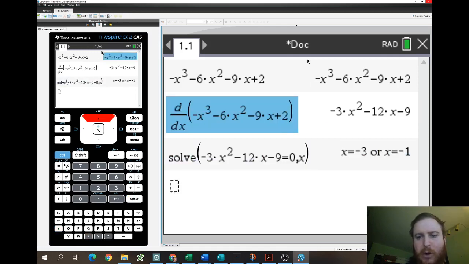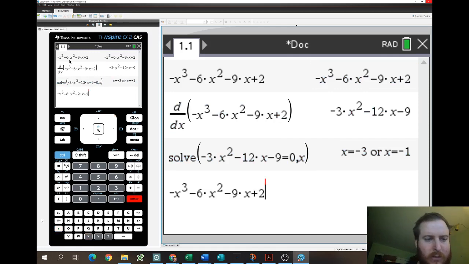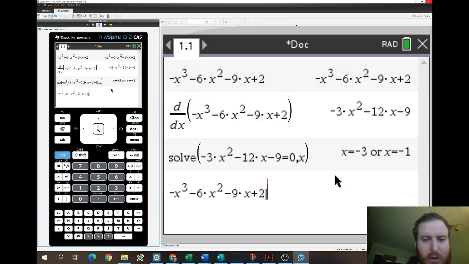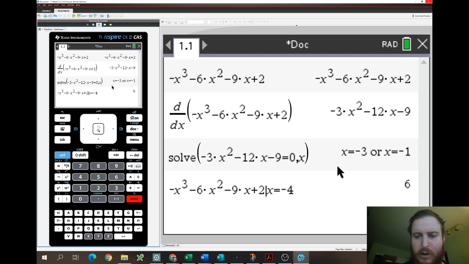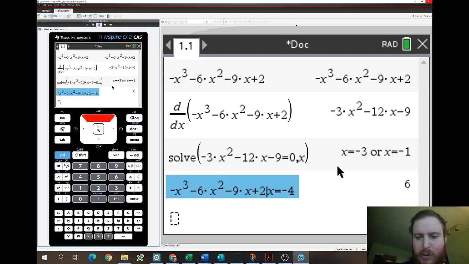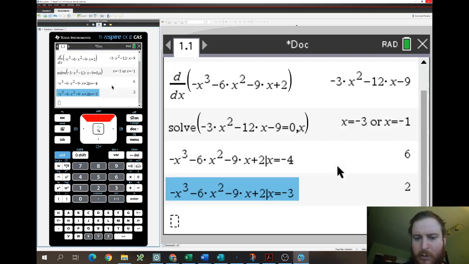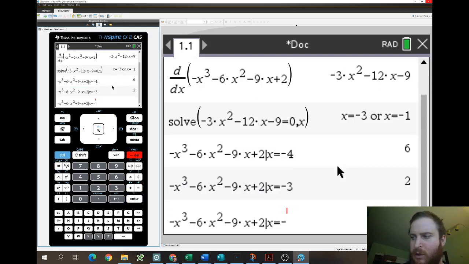Now to plug them in, we go back to the original, and we put Control equals, and we go to the at, and then we say at x equals, now we're going to start off with our first endpoint. So it's x equals -4. Right, we get 6. Then we can just come up here and change it to -3. And we can come up here and change it to -1.